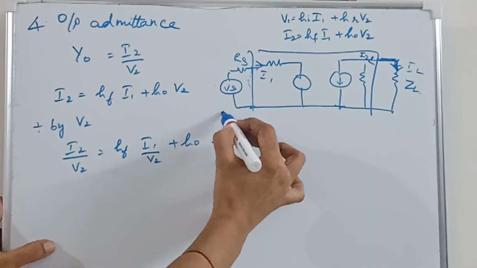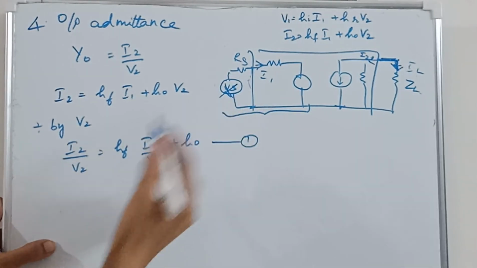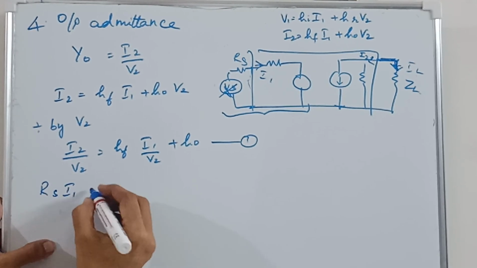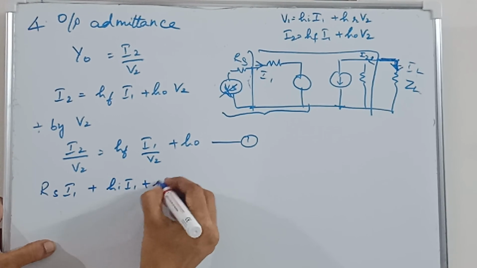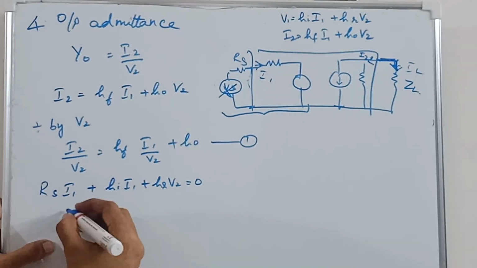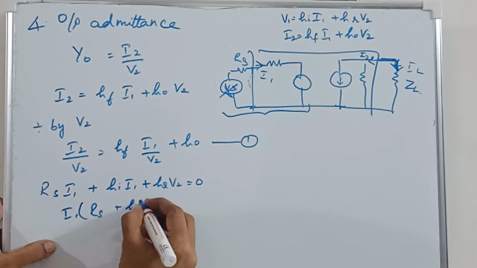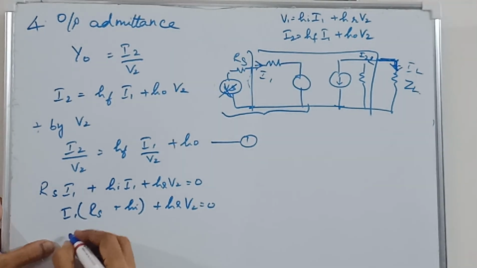Now consider the input port side. Suppose you are not giving any input voltage, then you can balance your circuit such that Rs into I1 plus Hi into I1 plus Hr into V2 will be equal to 0, or I1 into Rs plus Hi plus Hr V2 is equal to 0.